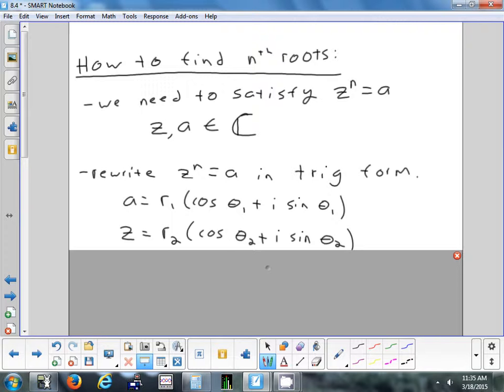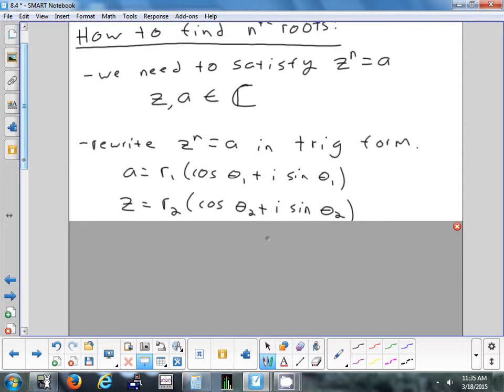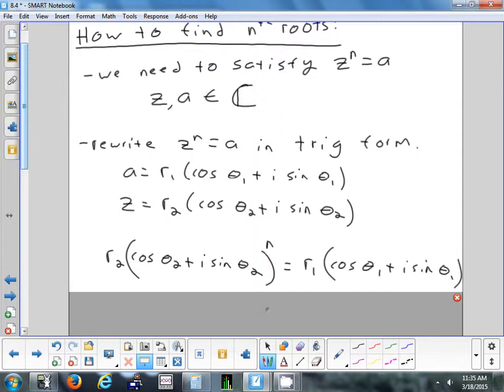But the two radii and the two angles don't have to be the same. That's why I use theta 1 and theta 2, r1 and r2. Okay, next, what I'm going to do is take the equation z to the n equals a and substitute in. I'm going to change a, the right-hand side, to what a equals. And I'm going to change z, what's on the left-hand side, to what z equals. So when I make that substitution, that's what I have now.